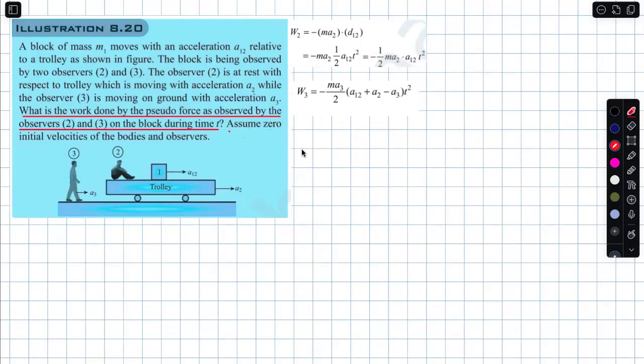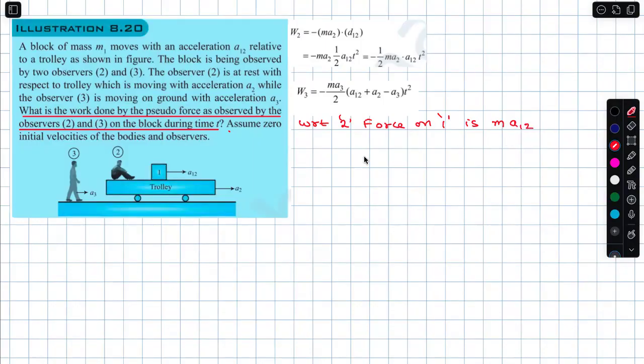What do you want? The work done as observed by 2, with respect to 2. The force on 1 is mass times acceleration of the block with respect to 2.